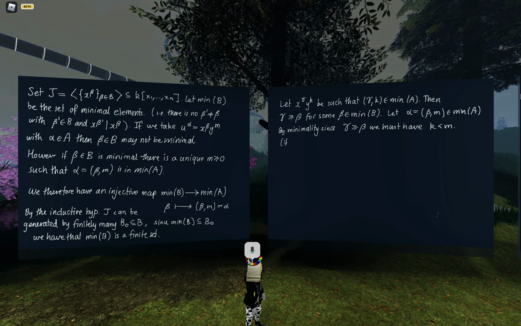Right, because I suppose this gamma k could actually be equal to beta m, right? That's actually fine.